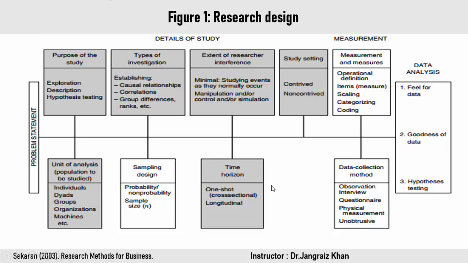Time horizon, whether it is a cross-sectional study or longitudinal study, and you also define here in the research design whether it is a contrived study or non-contrived. Similarly, you design the measurement units, what kind of measures will be used.